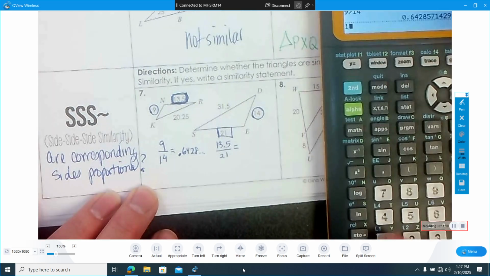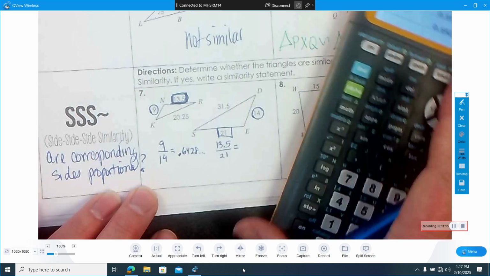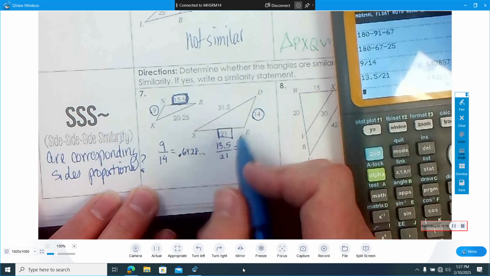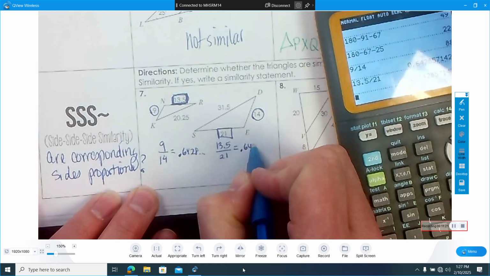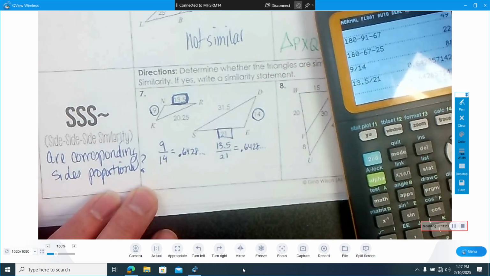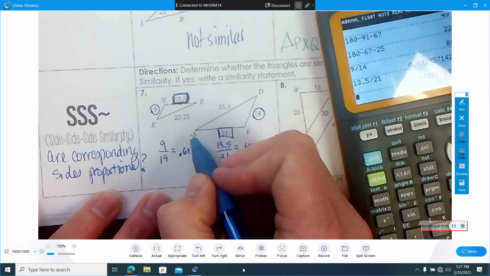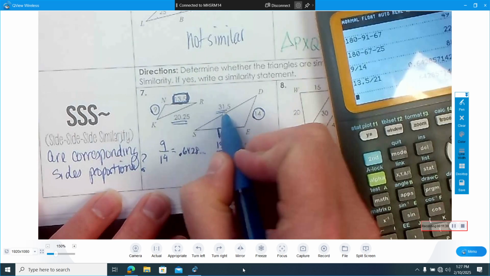Let's see. 13.5 over 21. Ooh, same ratio. 0.6428. All right, and comparing my last ones. Yep, KR and SD.